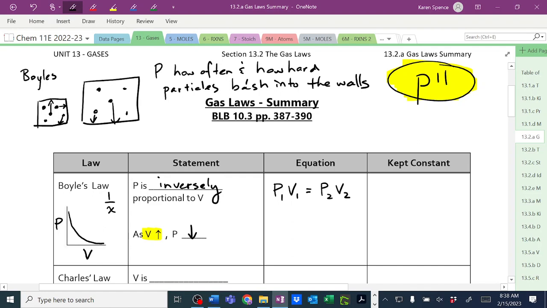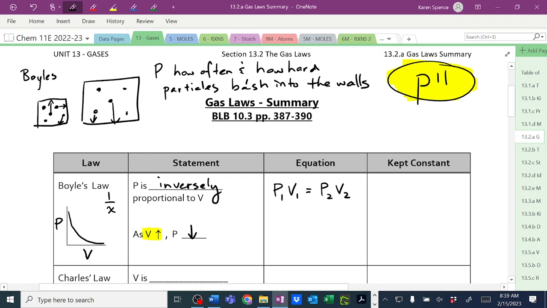And if you're like, dear God, this is page 11, do I need to memorize all of these? No. I will show you how you can derive them all from the ideal gas equation, which is given on your data sheet, okay? All right, and what are we keeping constant here?